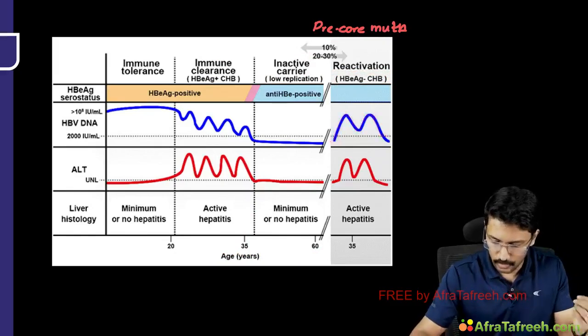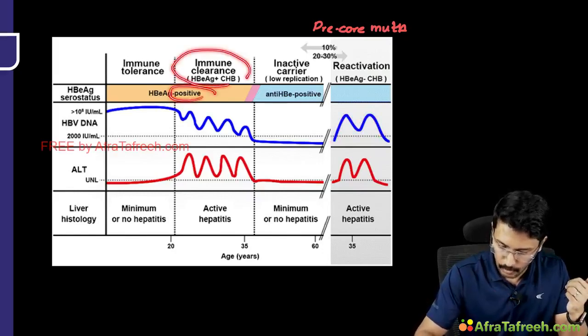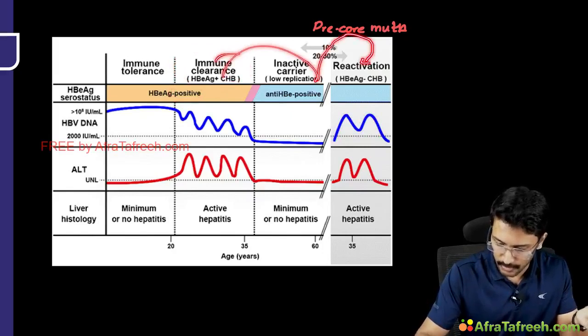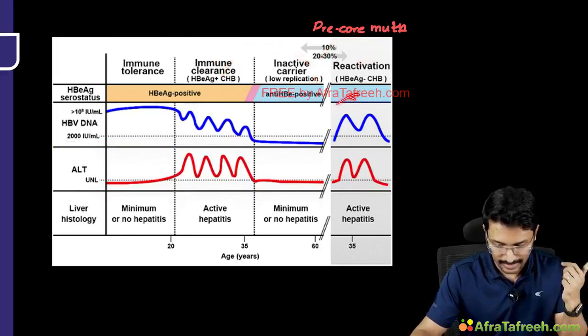So the DNA levels start going up. Your HBeAg will be positive if it is the immune clearance phase that he is jumping into, or if it is pre-core mutation that is developing and then developing the active hepatitis, then it will be negative.